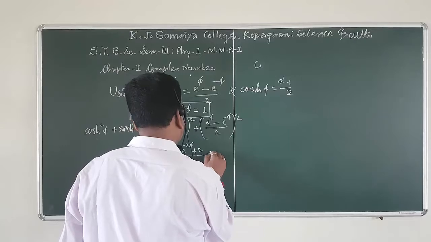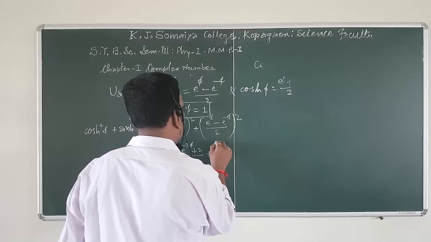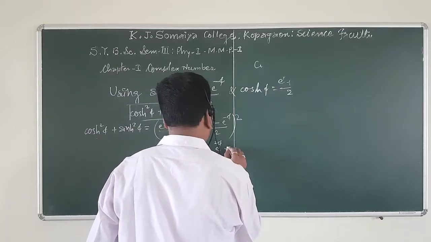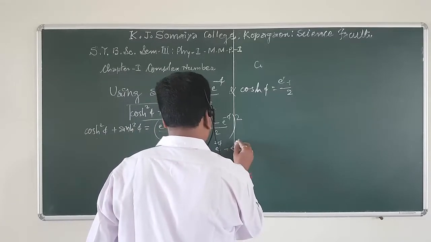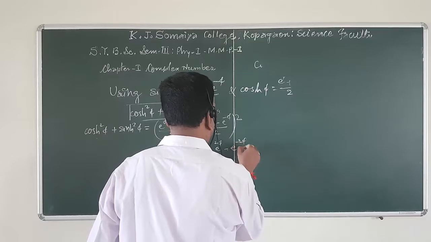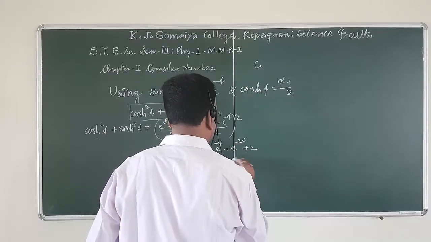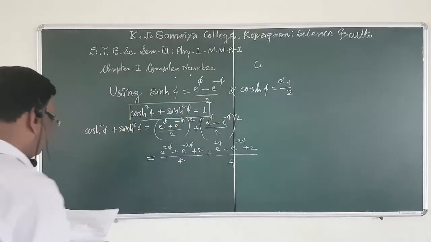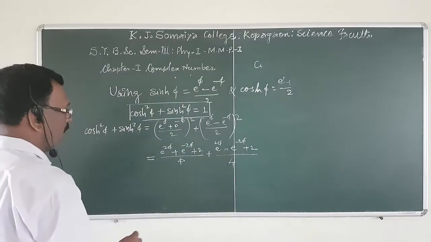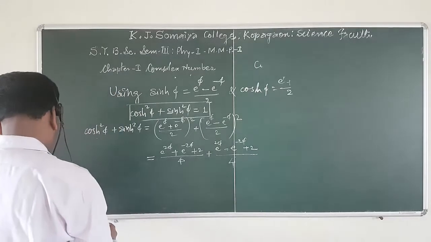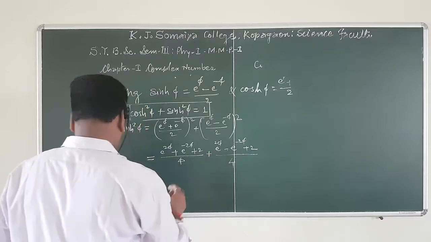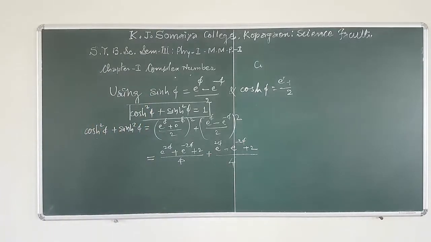Similarly, e^(2 phi) plus e^(-2 phi) plus 2 upon 4. Okay. Now, again solve this, or we can make a simple arrangement which is very simple.